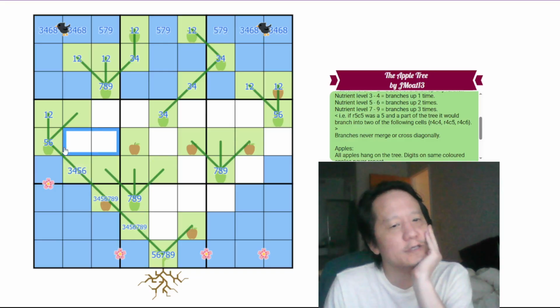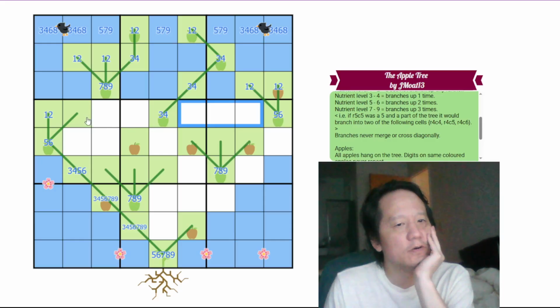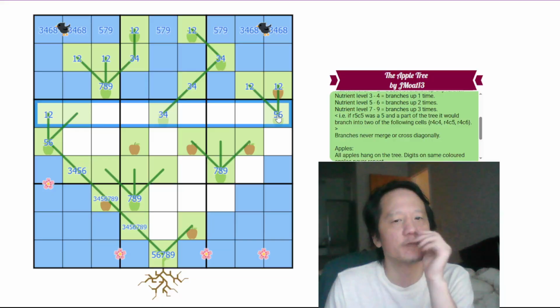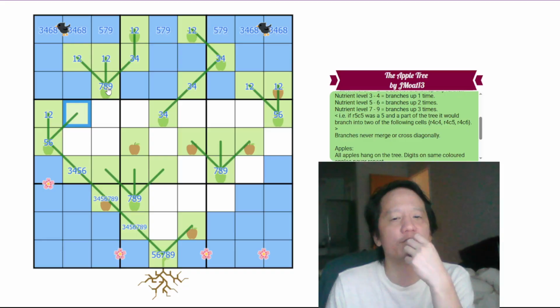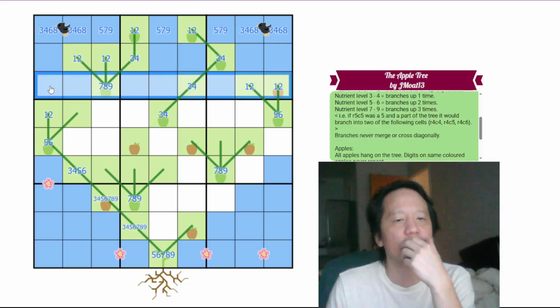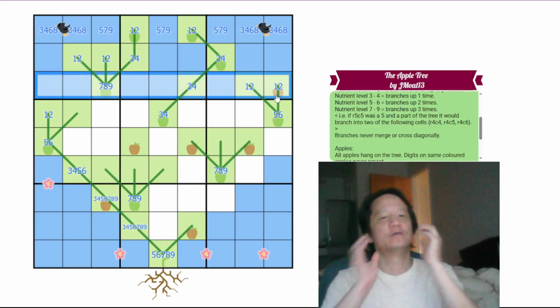How many branches can we have here, I guess, is kind of the question, right? We can only have one more in row 4. That's a branch. Because one of them could be 3, 4. The other one could be 1, 2. The rest would have to branch up, and we already have all the branches to take into account.